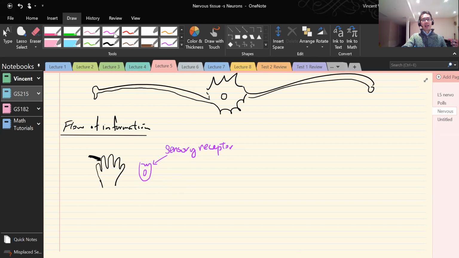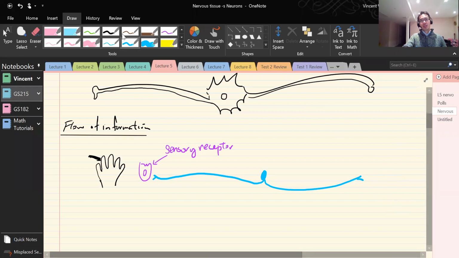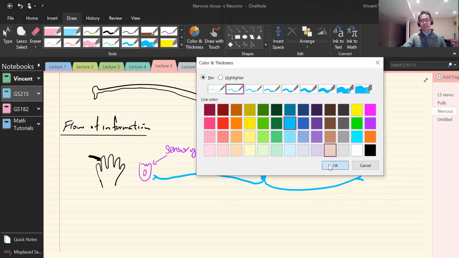And then you're going to have one of these special neurons that would pick up the signal, and then it will go all the way. This is the cell body, and then it will take that signal towards your central nervous system. This neuron that does that is the sensory neuron.